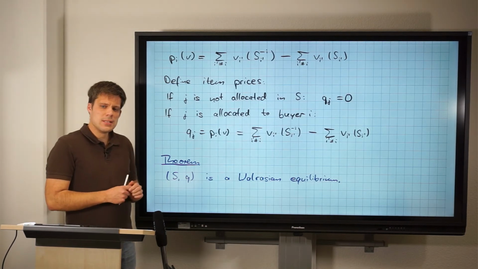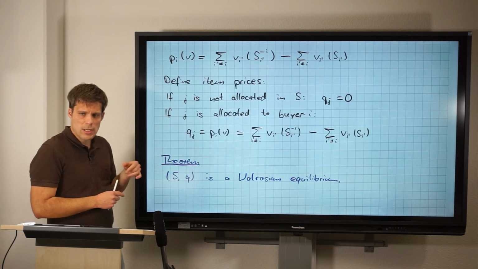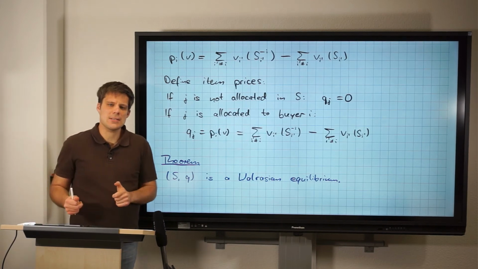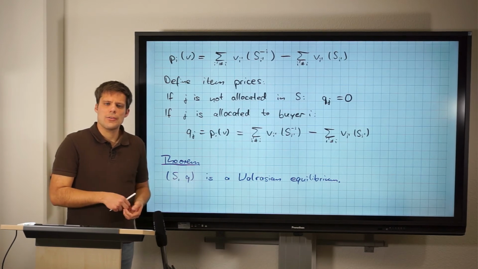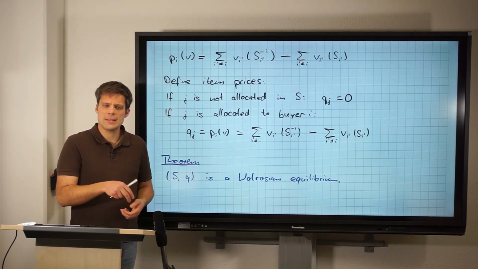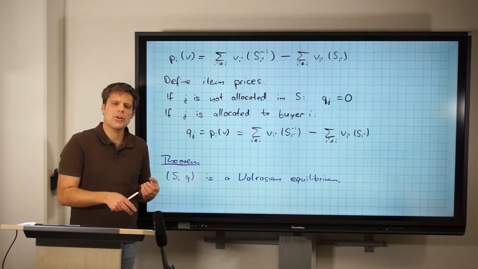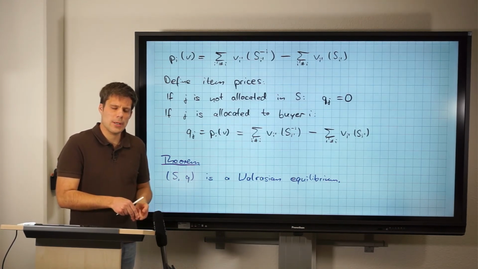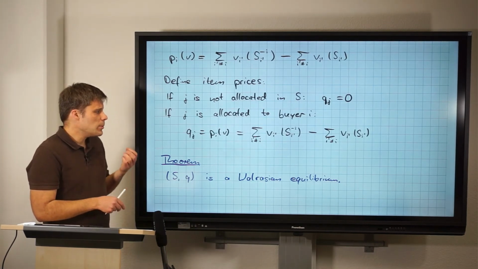So what this tells us is that, apart from the nice fact that this construction is a Walrasian equilibrium, it tells us that, first of all, there is a Walrasian equilibrium, because so far we've only seen examples of Walrasian equilibria, but we've also seen an example where no Walrasian equilibrium exists. So what will we have to verify?